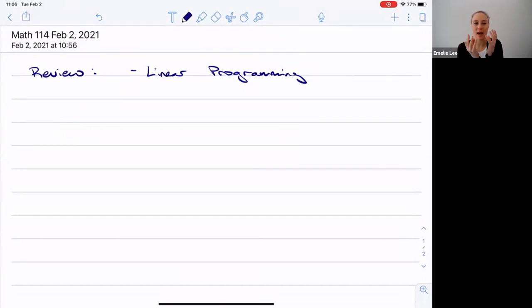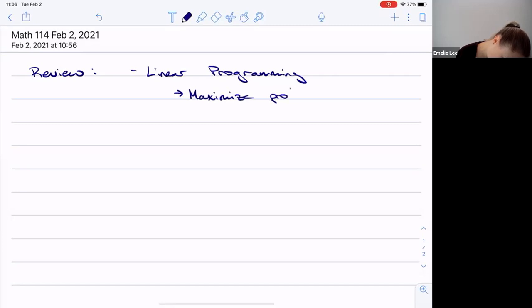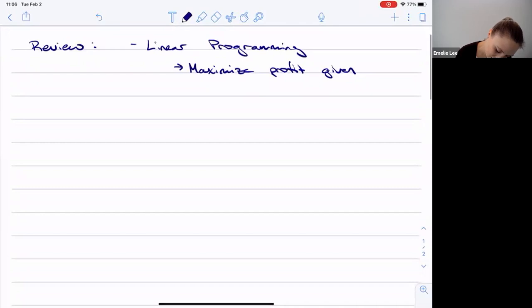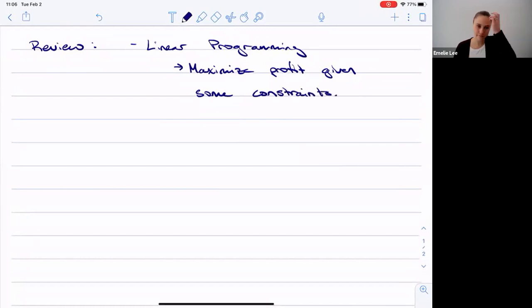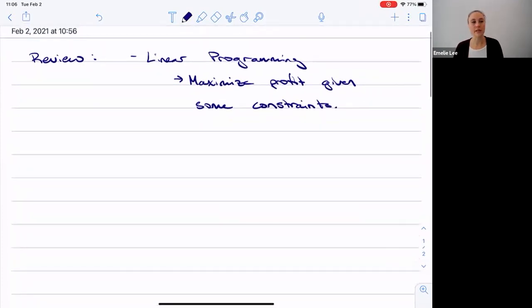And then we've maximized our profit at one of those intersections, right? Linear programming, maximize profit given some restrictions or some constraints, we usually call them. So we talked about linear programming. We're not going to go back there, but I do encourage you to kind of check it out again.